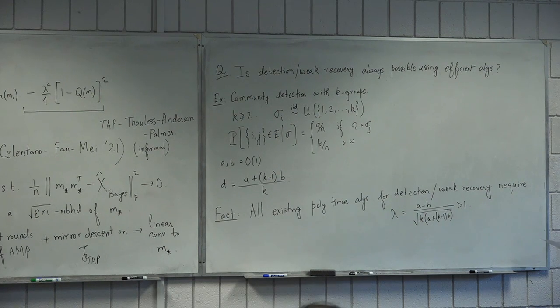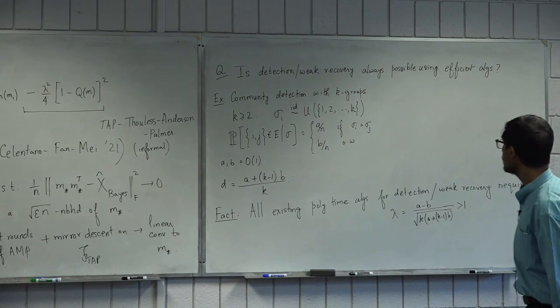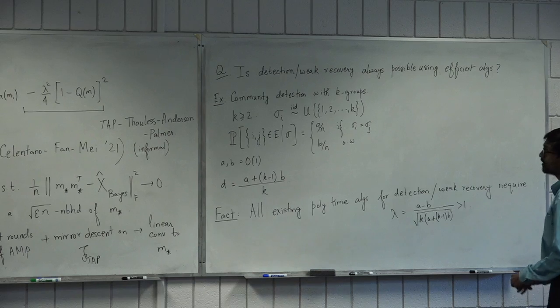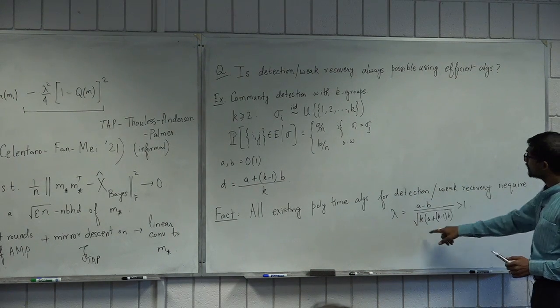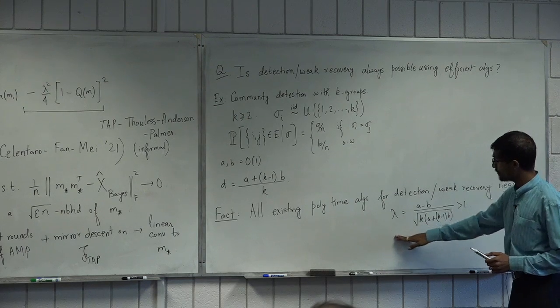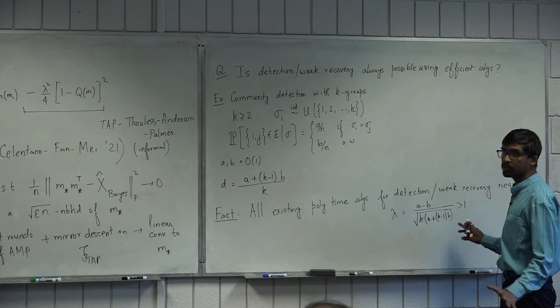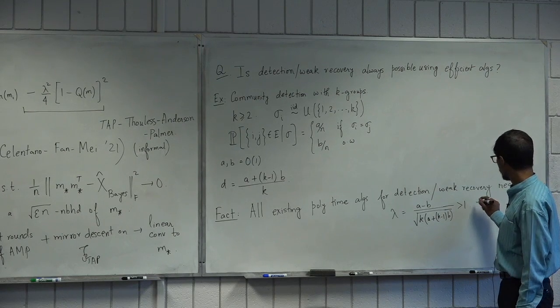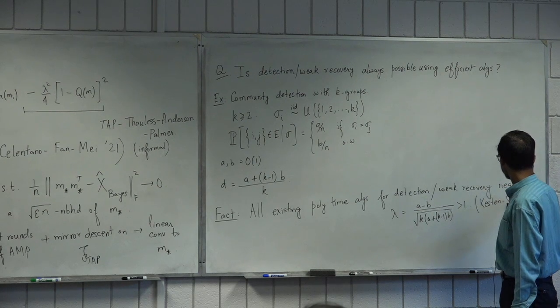Again, the intuition is the same: the larger the difference between A and B, the easier this problem becomes. So far all the algorithms that have been analyzed for detection and weak recovery work as long as this parameter is bigger than 1. And of course, for K equals 2, we get back to the information theoretic threshold we have seen before. This threshold is known as the Kesten-Stigum threshold.